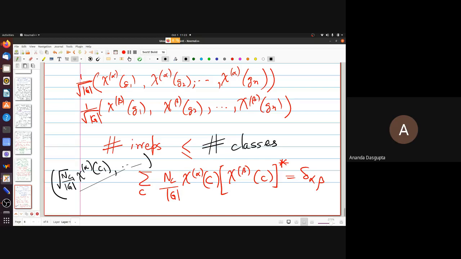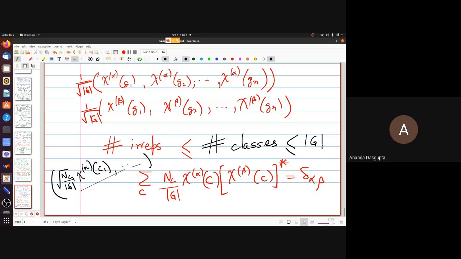So in an Abelian group, every element sits in its own class. So for Abelian groups, the number of classes is the same as the number of group elements, but in general, this is what happens.